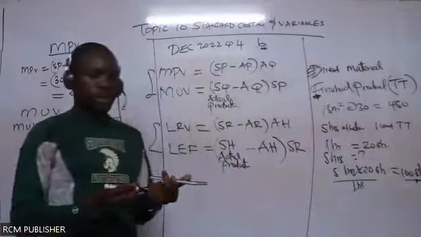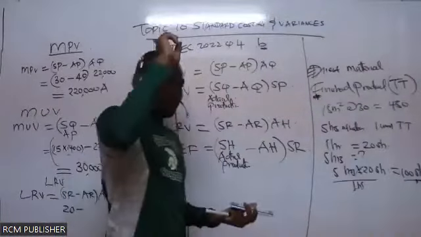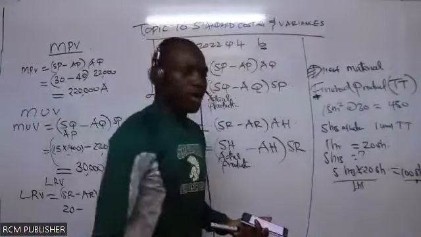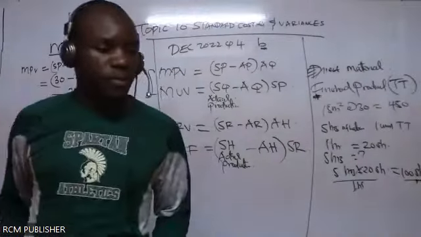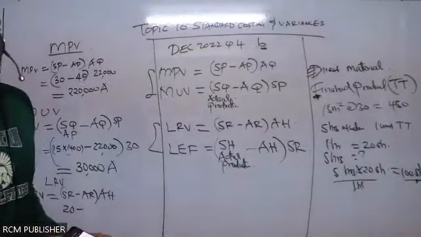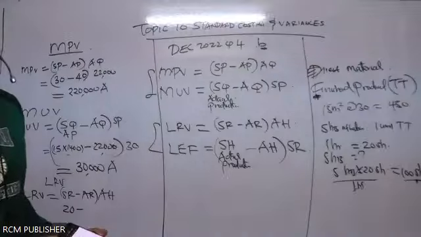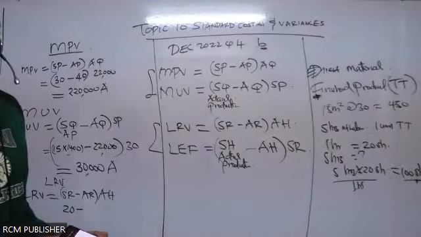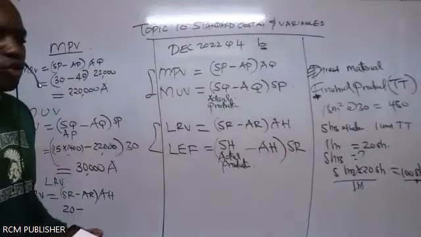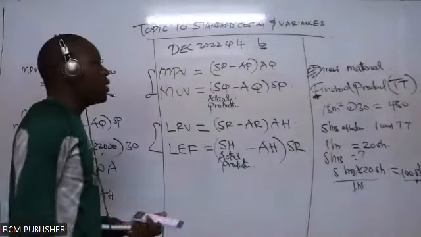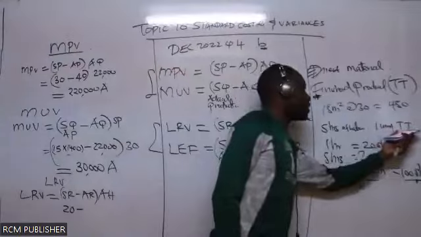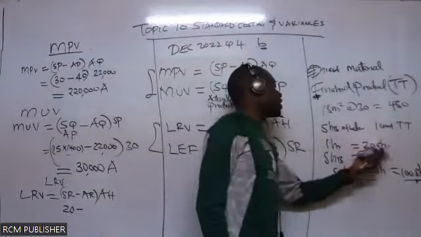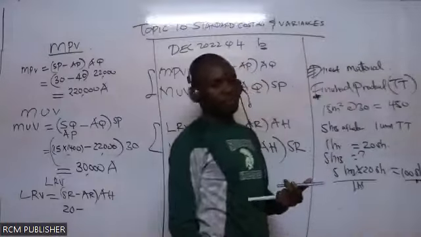If somebody asks you the labor rate, will it be 100 for the 5 hours or 20 shillings per hour? Who is this? Faisal or who? Is it going to be 100 to produce 1 unit of TT, or 20 shillings per hour?